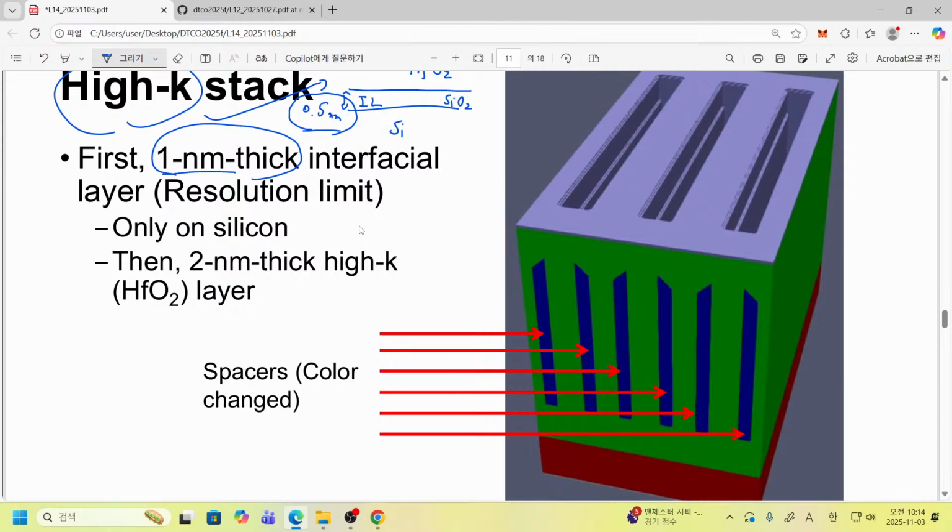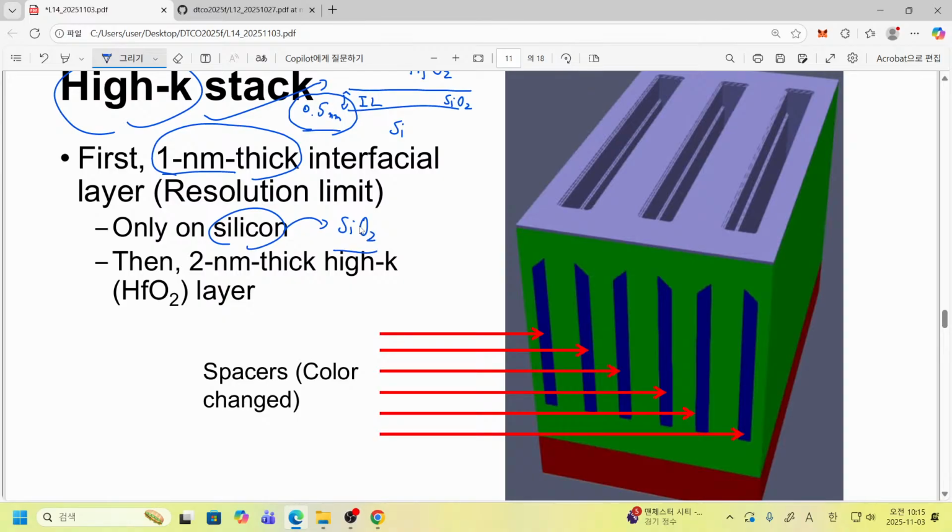Deposition sometimes can be done without selectivity. We can deposit something all over some places. However, in this case, we intentionally perform this oxidation, and only silicon is converted into silicon dioxide.